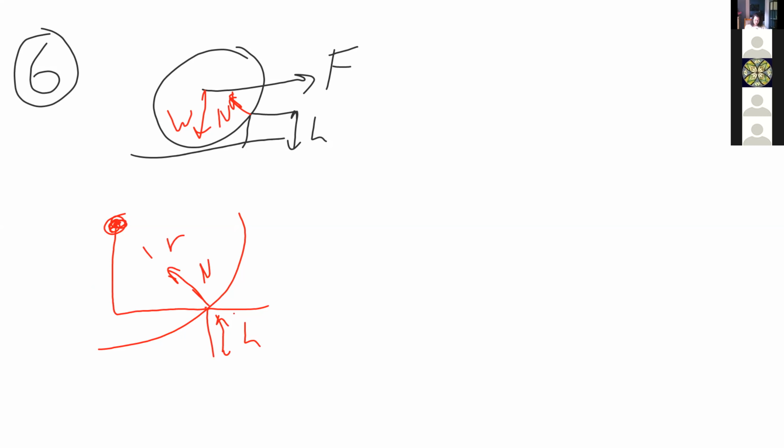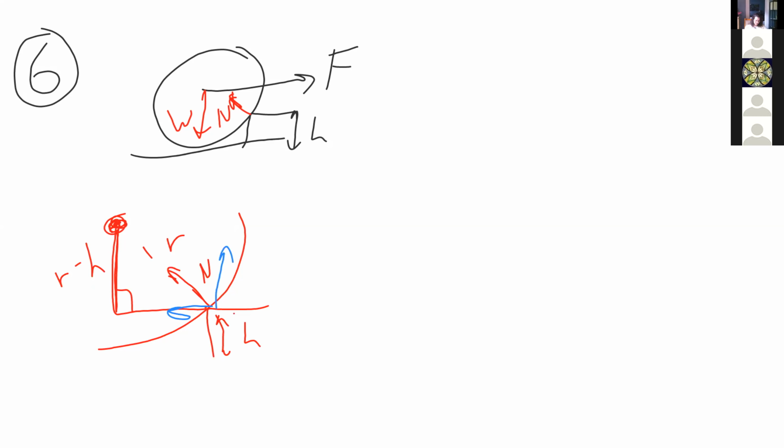So I'm going to want something to do with the angles and the distances, and the height is going to matter. So this is a radius r, and this distance will be r minus h. And this will generate a right triangle. What I've done here is given myself a way to split this normal force up into an x and y component.